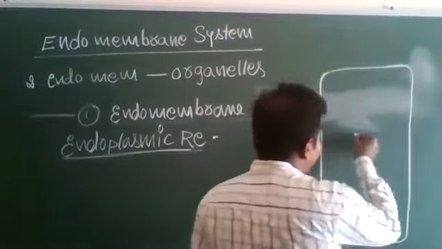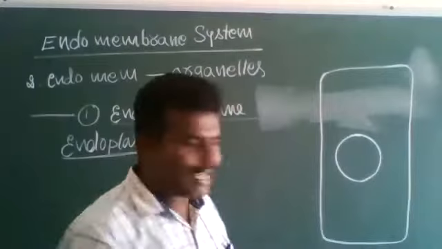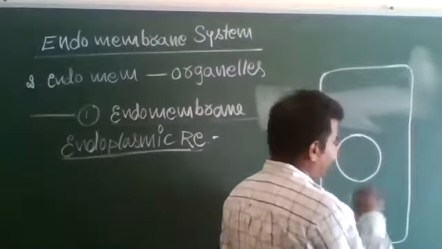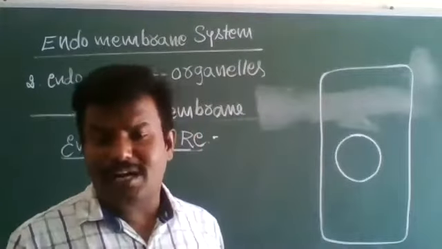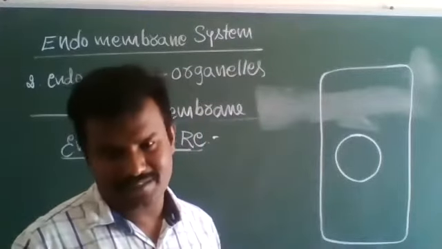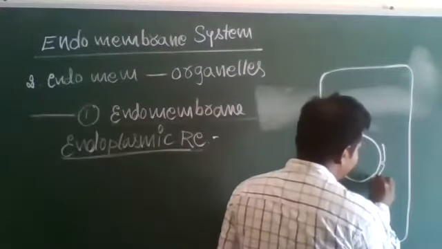This is a eukaryotic cell. In the eukaryotic cell, there is a network of reticular, tiny tubular structures.